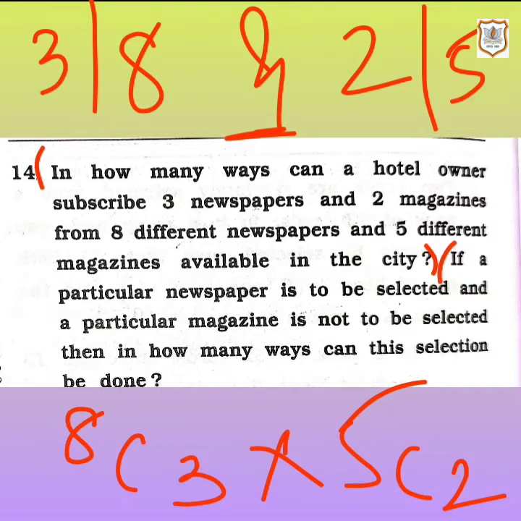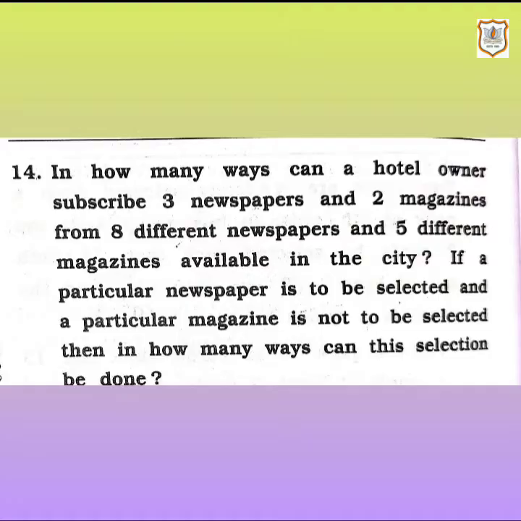Next question is, if a particular newspaper is to be selected and a particular magazine is not to be selected, then in how many ways can this selection be done? So let's solve it. For newspaper it is said that a particular newspaper is to be selected. So in total there are 8 newspapers, and one particular newspaper is selected, that will be 1C1.